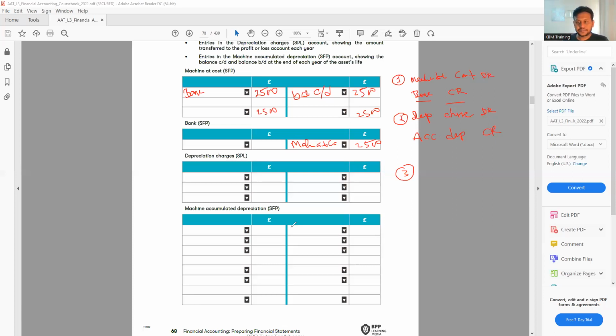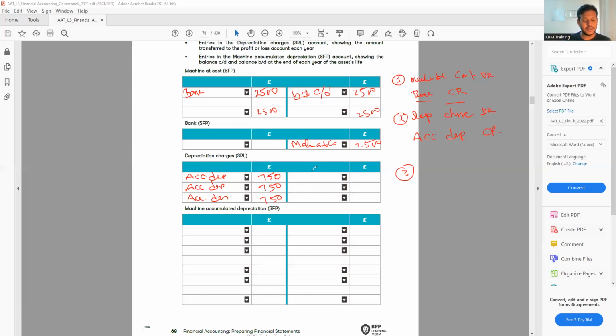All right, the next one we have here is the depreciation. Now the depreciation is debit and accumulated depreciation is credit. So on the debit side, we're going to write accumulated depreciation, 750, and every year it is the same. And remember that all the depreciation will go to the profit and loss account.